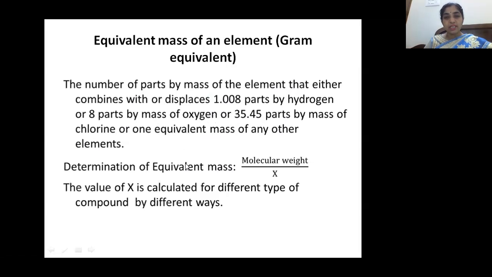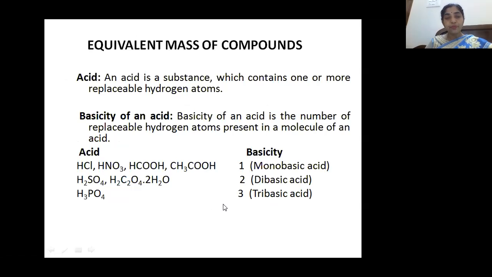So we can write it as, in order to determine equivalent mass, we are going to calculate molecular mass by X, where the value of X is calculated for different types of compounds in different ways. So let us pass on to equivalent mass of compounds.